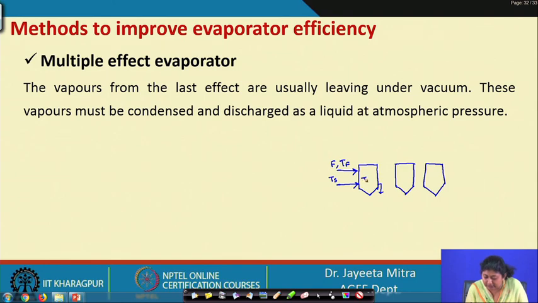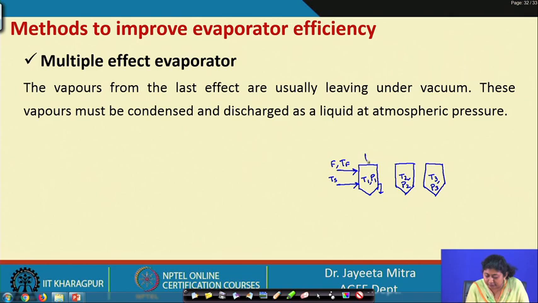The temperature in the first effect is T1, in the second effect it is T2 and in the third effect T3, and the corresponding pressures prevailing in all these chambers are P1, P2 and P3.